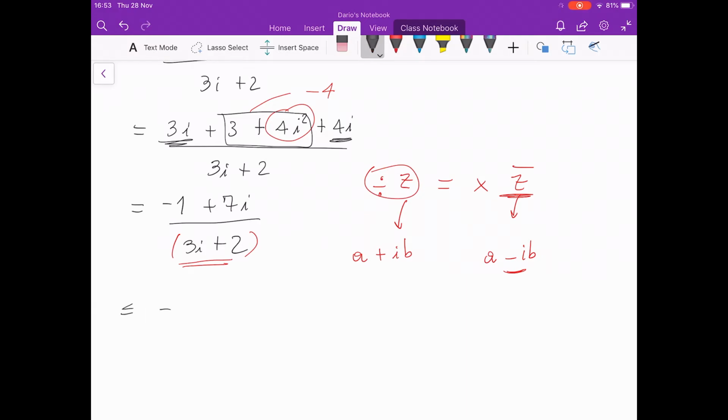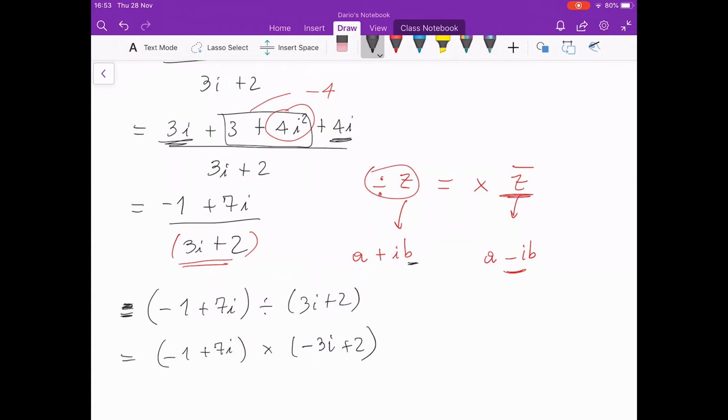So we're going to have minus 1 plus 7i, which is divided by 3i plus 2, and this is going to be equal to minus 1 plus 7i multiplied by minus 3i, because that's the imaginary part, b is 3, plus 2.